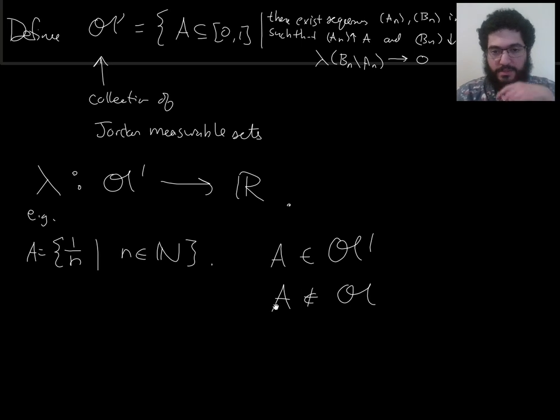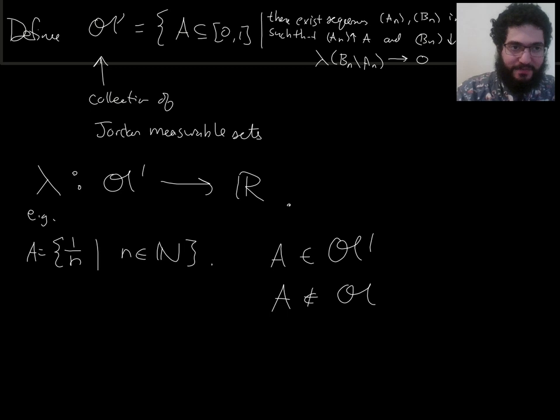Okay, so let's look at the second statement first. Why is this not an elementary set? Well, to be an elementary set, you have to be a finite union of intervals. However, there's no way to write A as a finite union of intervals. For each element of A, if you take the largest interval that it's contained in, then that will be the singleton interval.